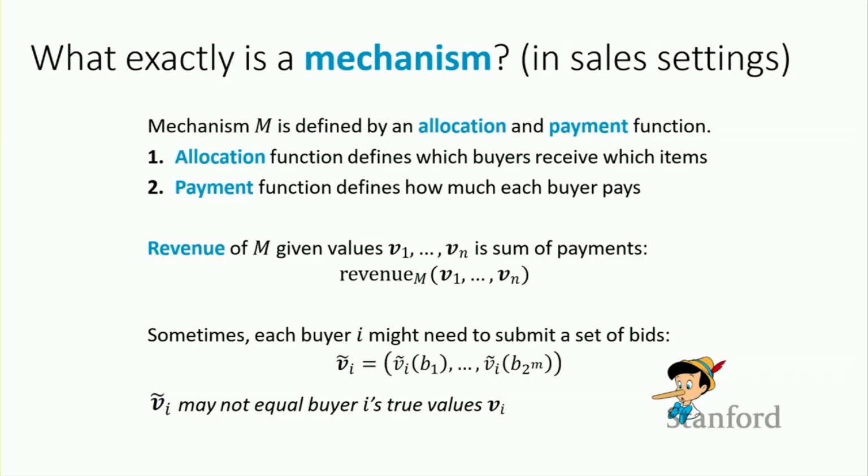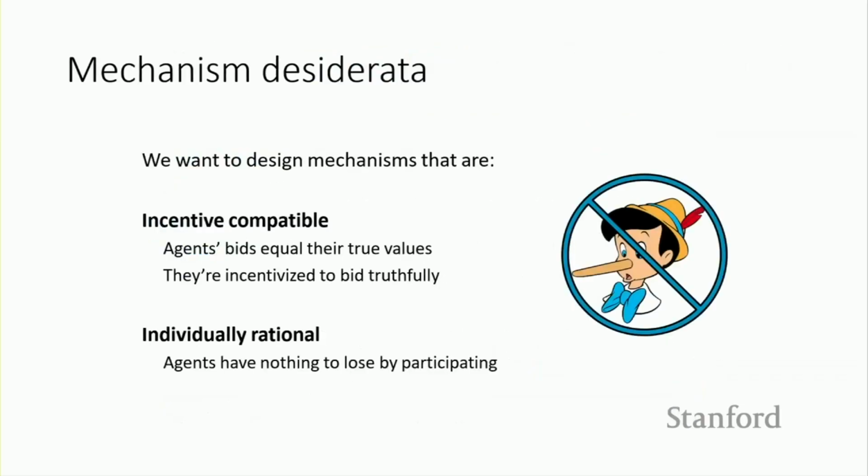Okay, so some properties that you might want, and one that I thought of as the core things that often one wants when designing mechanisms. One, we covered this in social choice briefly, this idea of incentive compatibility. This is incentivizing agents so that they bid their true value.